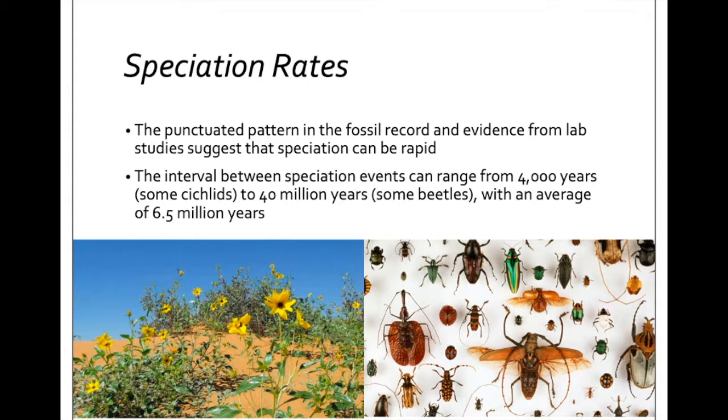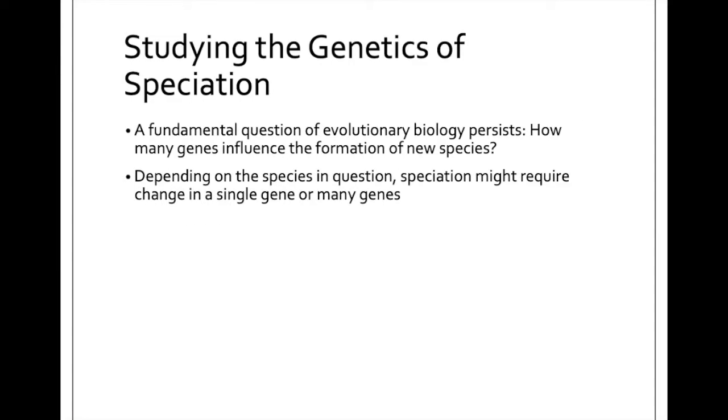Whereas in a punctuated pattern, we might see a single generation go by, which results in this wild sunflower, which is a result of allopolyploidy. And in one generation, we go from two separate species of parents to a brand new species in the next generation. So it can really be different depending on what type of organism we're looking at.